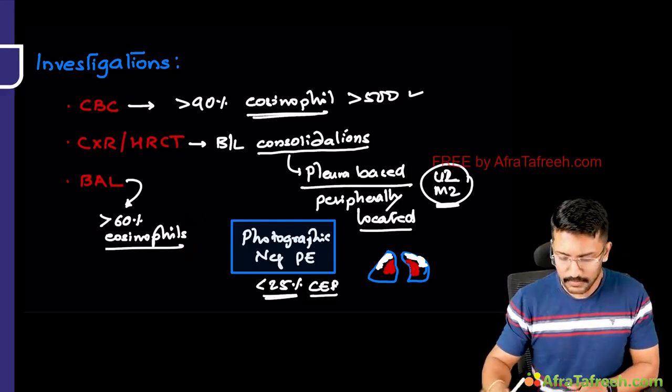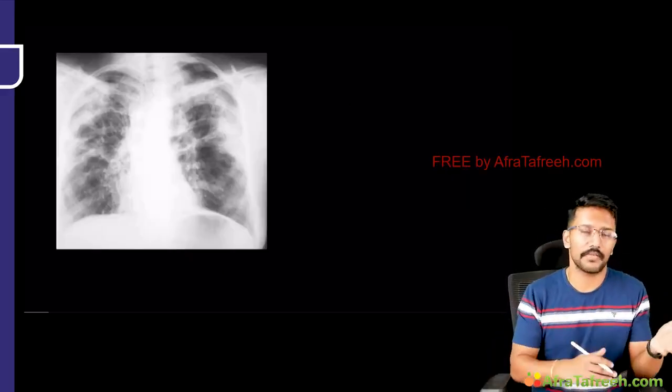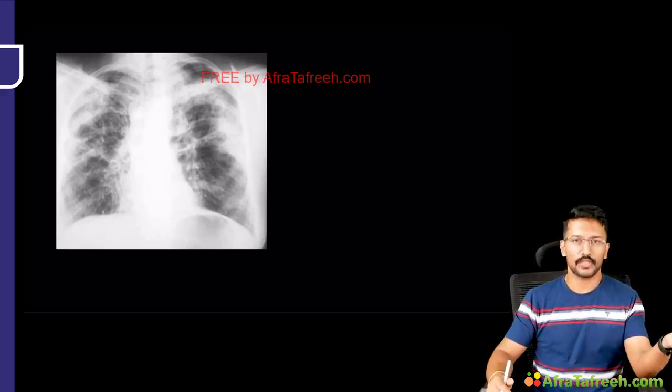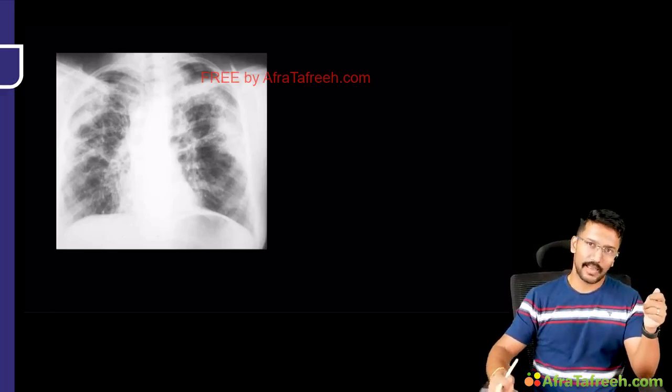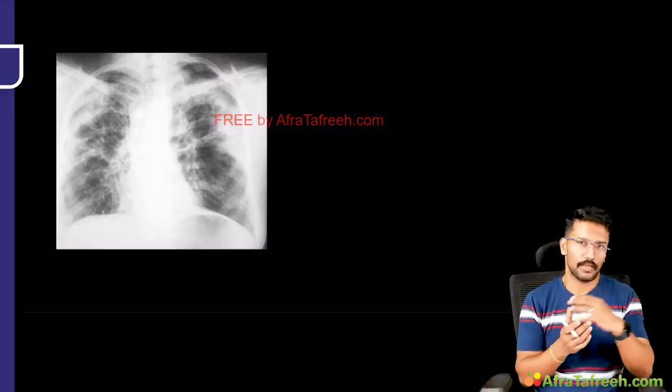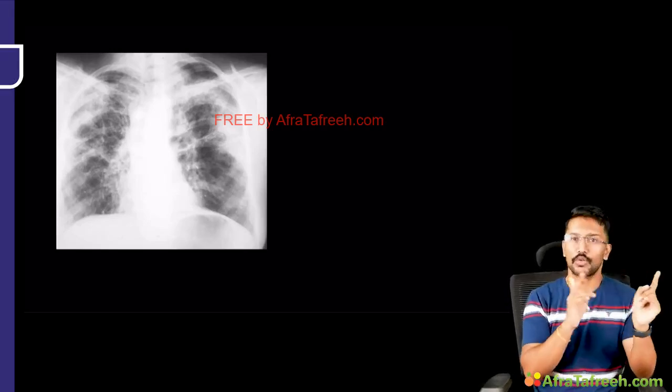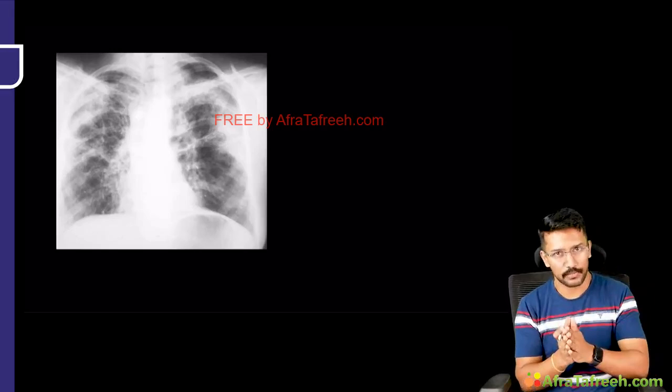Okay. So with that, we will have a clear idea that we are dealing with a case of chronic eosinophilic pneumonia. What clinically we thought of as possible tuberculosis turns out to be chronic eosinophilic pneumonia by looking at the X-ray and the BAL fluid. Okay. And peripheral eosinophilia might have given us a little bit of clue, but we have to remember that tuberculosis itself can cause peripheral eosinophilia.